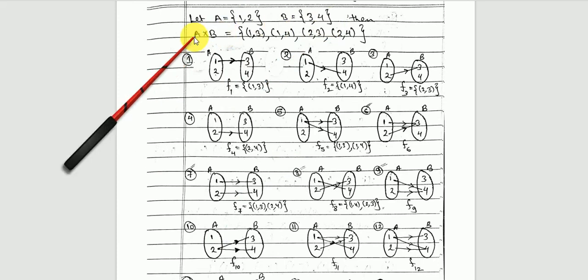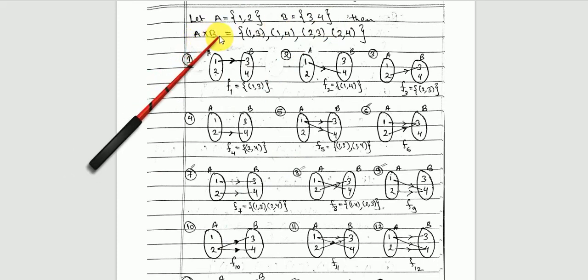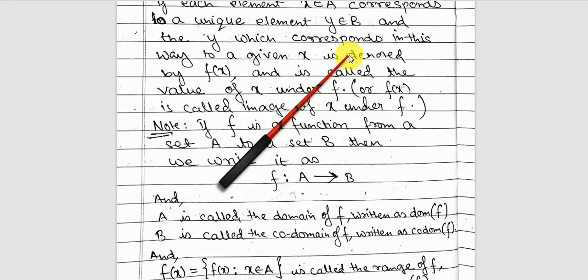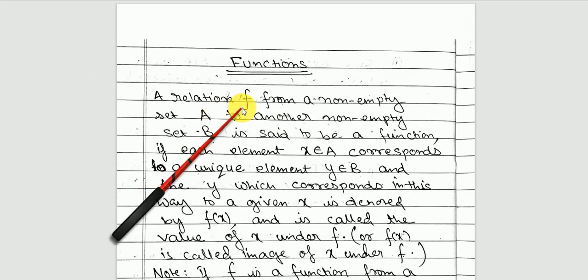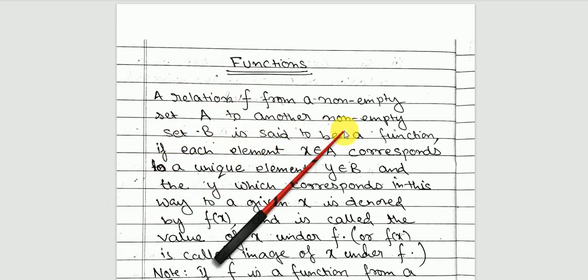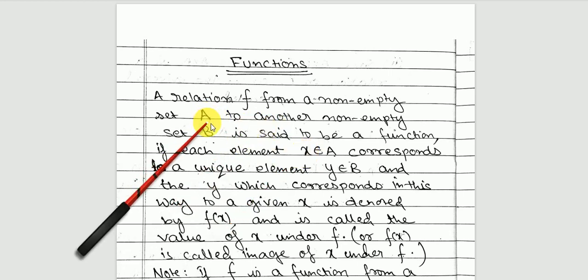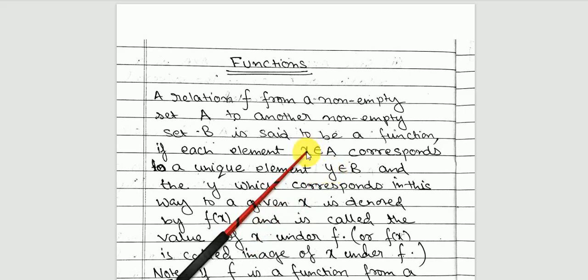Then I get a Cartesian product A cross B, that is (1,3), (1,4), (2,3) and (2,4). So the definition says that if you have a relation f from A to B, then it will be said to be a function if every element of set A is associated to a unique element y in B, and that y is called the image of this x.